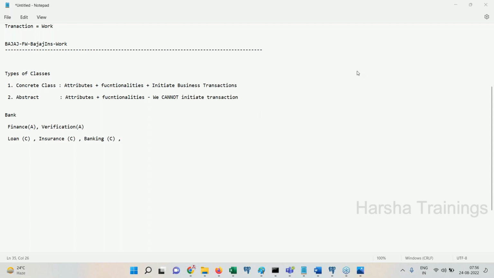We have been conducting these classes for the past four days, right? If you leave out our demo, Friday, Monday, Tuesday, this is the fourth session. If you closely observe, all these sessions are connected to each other. Whatever we discussed on the first day, the second day's topics and explanation depend on day one. The third day depends on day two and day one. Today depends on the earlier days too.